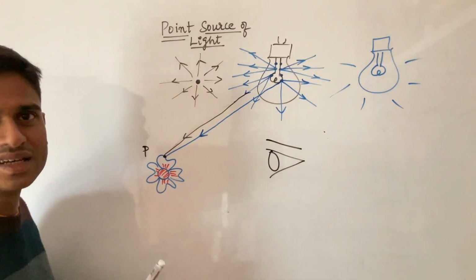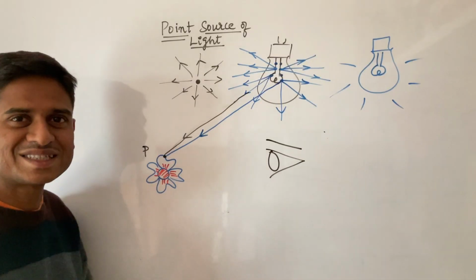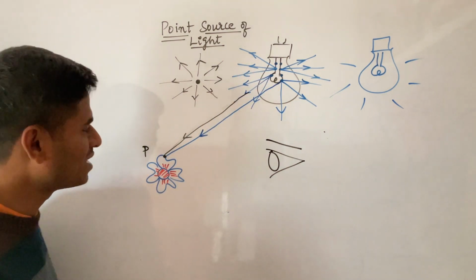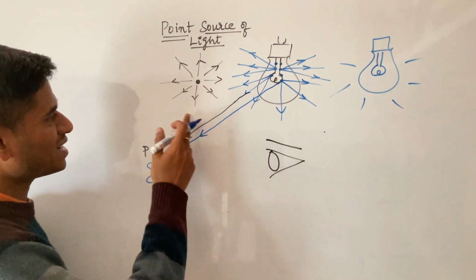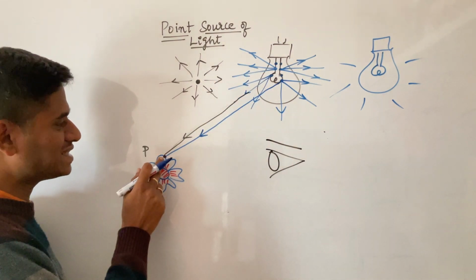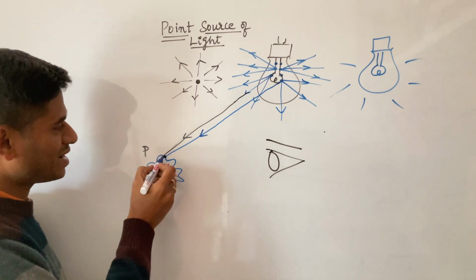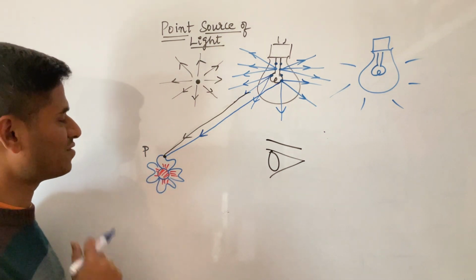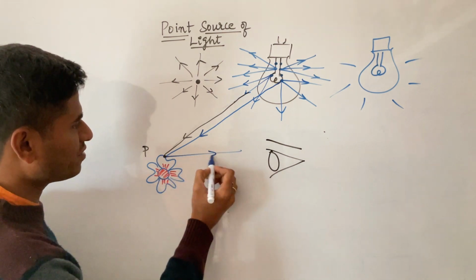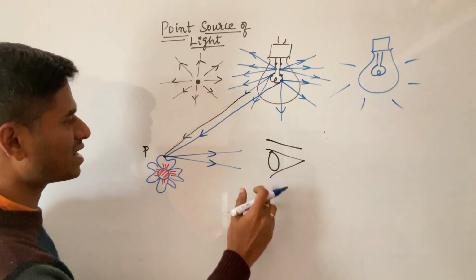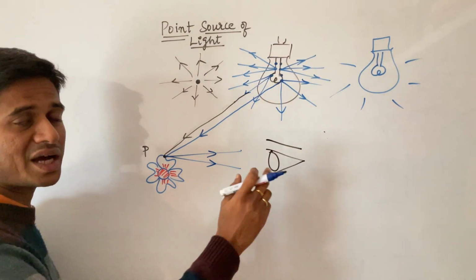Sorry for such straight lines, but they are supposed to be straight lines. Now what is happening? There is more than one ray. There are so many rays which are incident on one small part of the flower. Now all of them do reflect, and that reflected light reaches my eye.